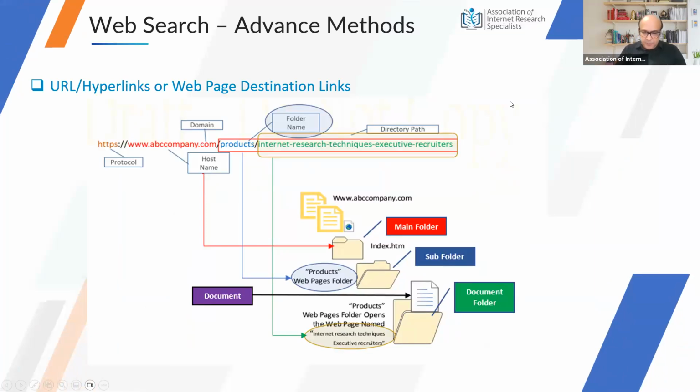So let's start to look at the simplest URL. This is a URL for a company called abccompany.com. And this is showing you the simplest format, which starts with the protocol.